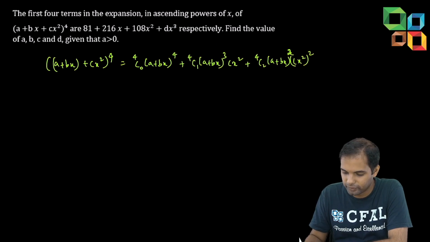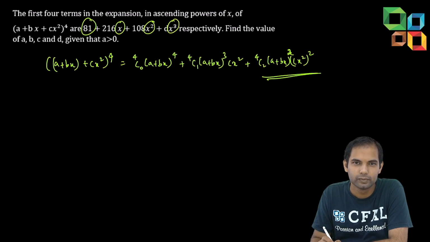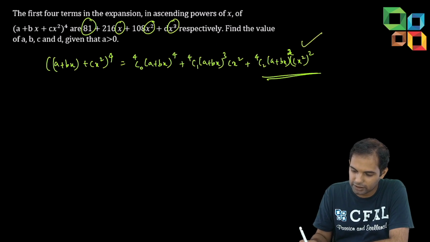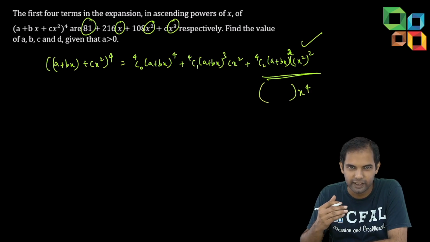Can you see that from here we can stop writing the terms? Why? We are interested in x power 0, x power 1, x square, x cube. This term is x power 4 into some constant. That power will never reduce because we don't have anything in the denominator. Power only can increase.